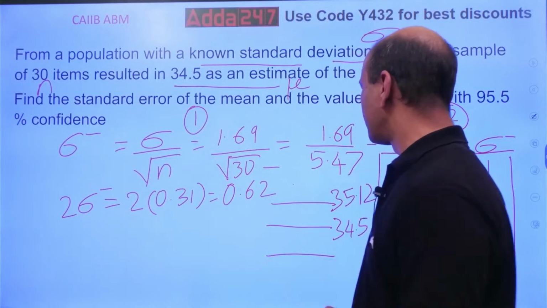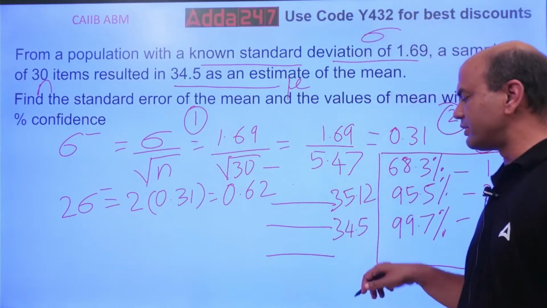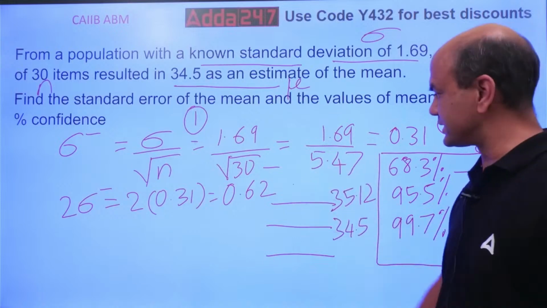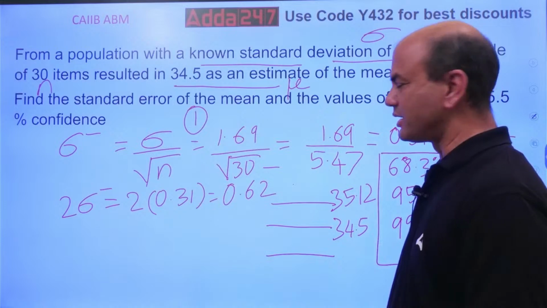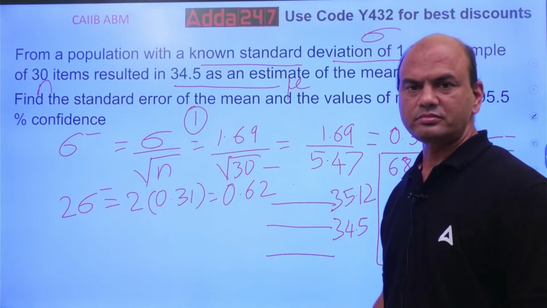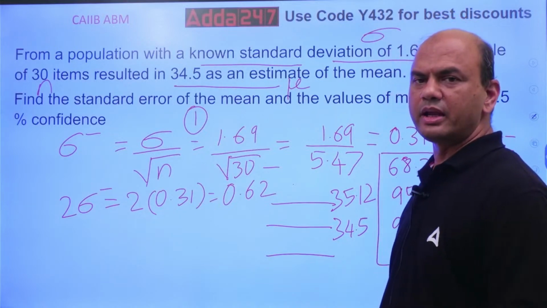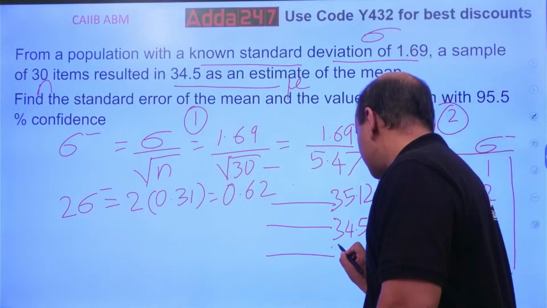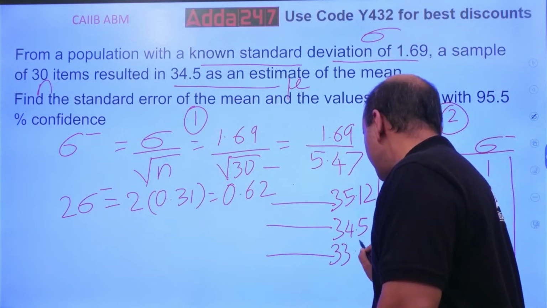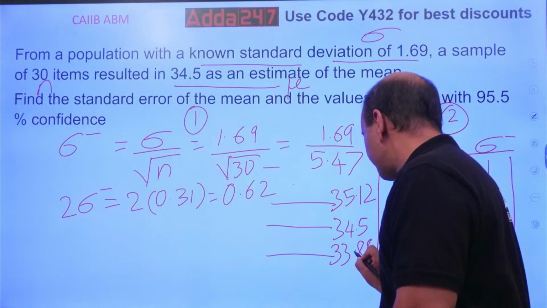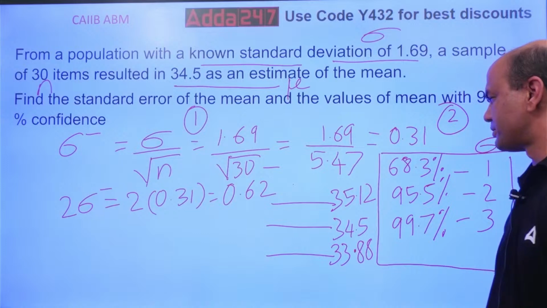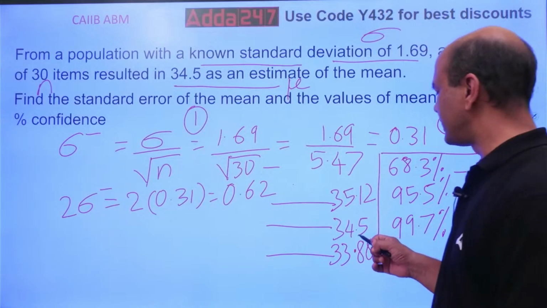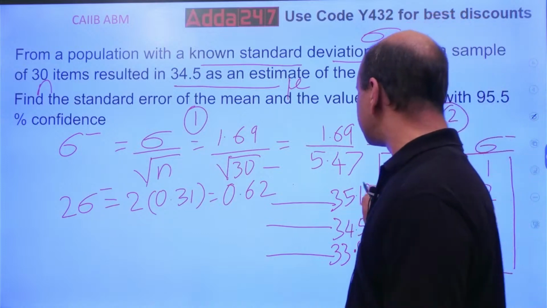35.12. Right? And what is the lower level? 34.5 minus 0.62. So do it. Subtraction is difficult. So 33.88. Is it right? Yeah, 33.88. Got it? So these are the two answers.